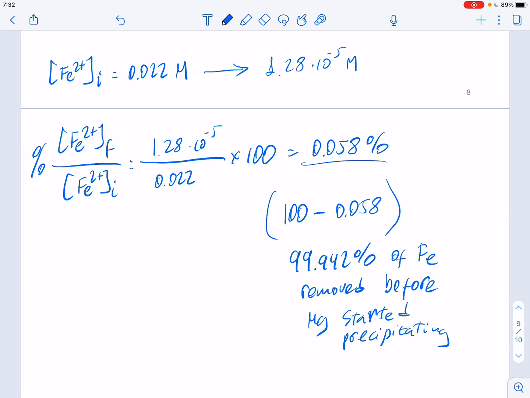And that is the value of selective precipitation, in which you are able to completely remove most of that ion before the other one starts precipitating. So that's the usefulness of this sort of technique.